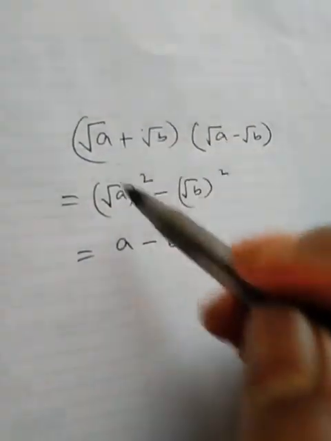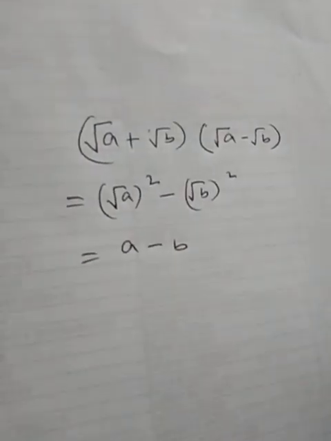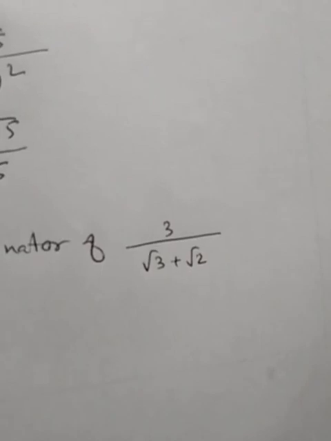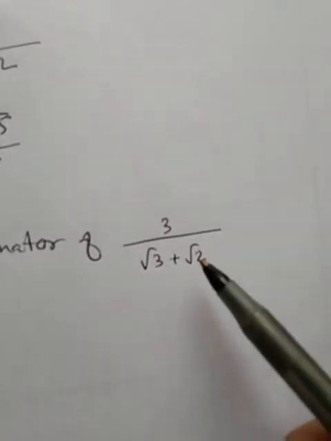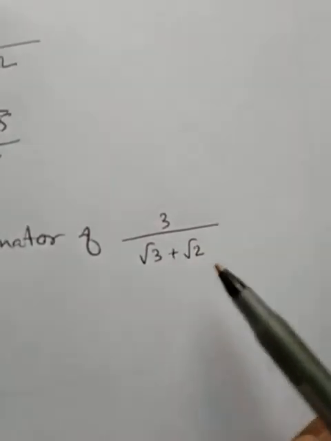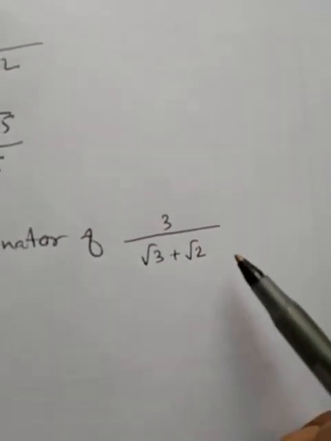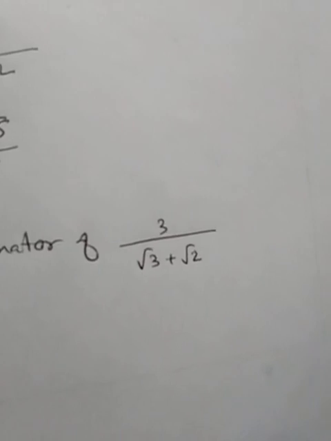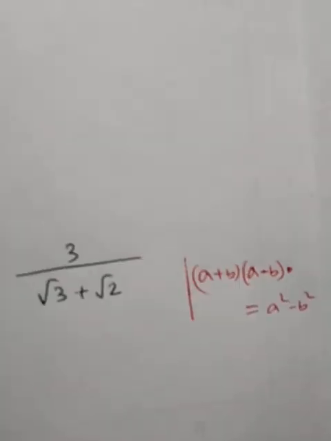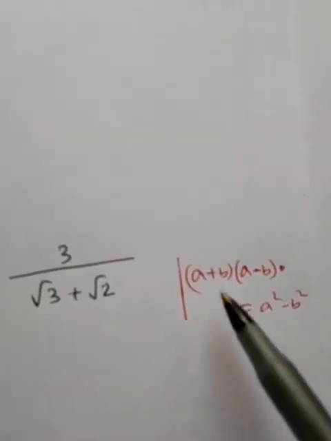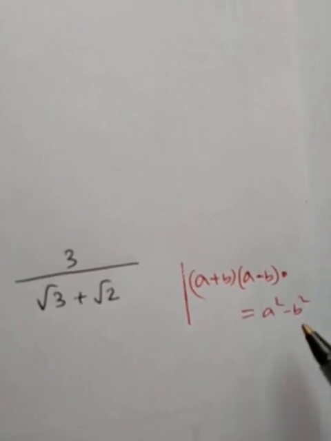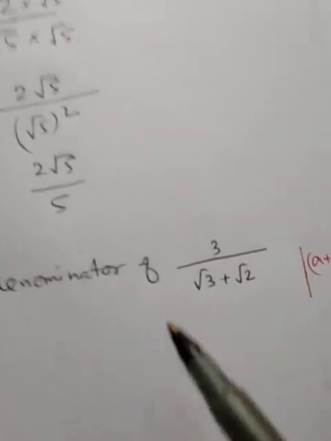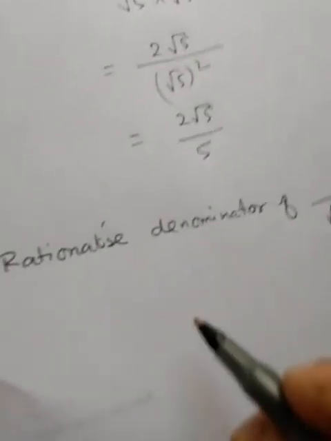So the same thing we are going to use in the example. Here you can see it is root 3 plus root 2. So we will have to multiply this by root 3 minus root 2, so that we can use that identity a plus b into a minus b is a square minus b square. So let us use this here. So this is the question.